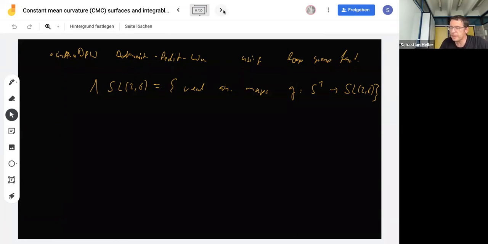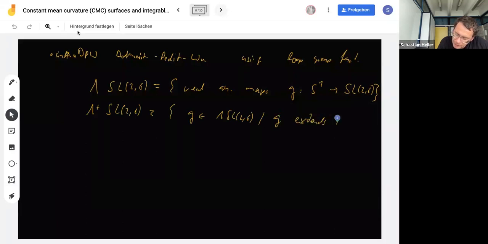And there are specific subgroups we shall make use of. Namely, there's the positive subgroup, and it's given by those loops which satisfy the property that G extends to lambda equals 0, and there's the so-called unitary subgroup. These are those real analytic maps into SL2C which actually map into SU2.